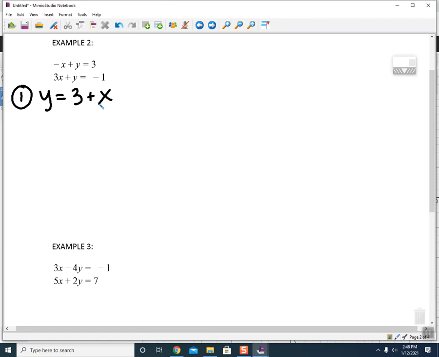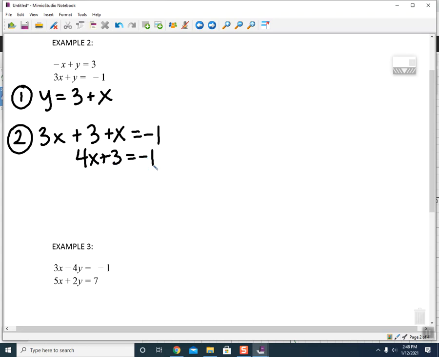That's step number 1. Step number 2 is where I substitute. So I'm going to take 3x plus 3 plus x needs to equal negative 1. Combine these, I get 4x plus 3 equals negative 1.